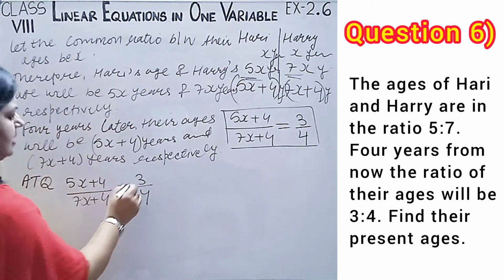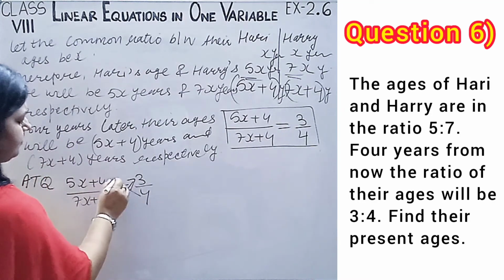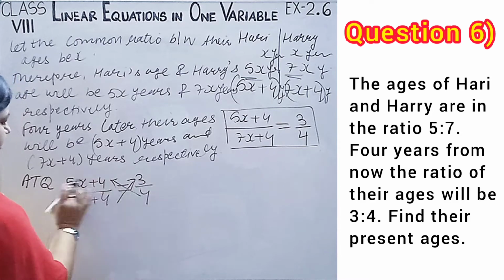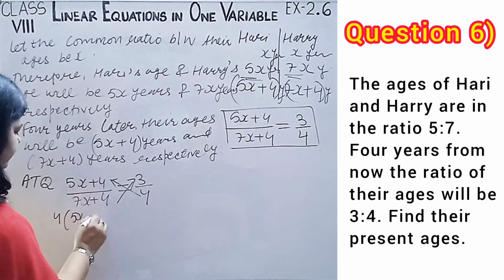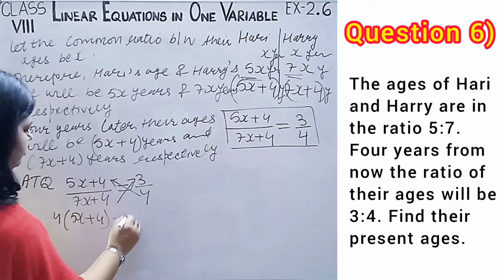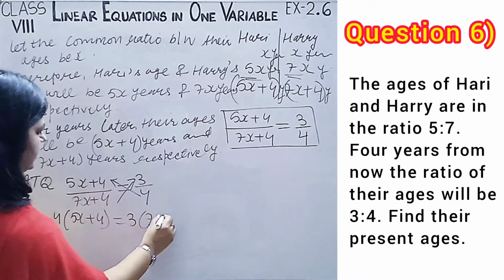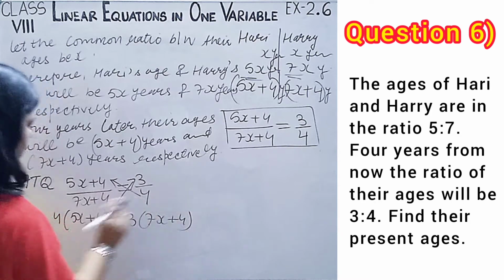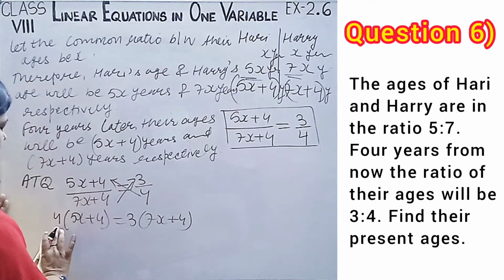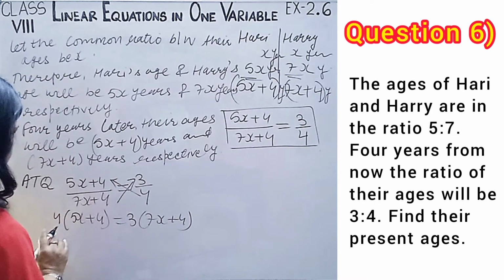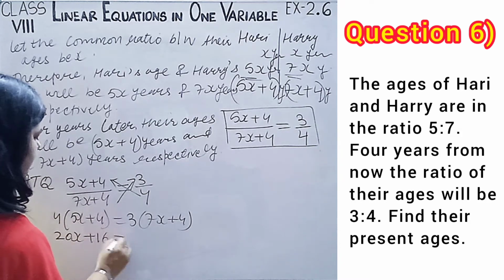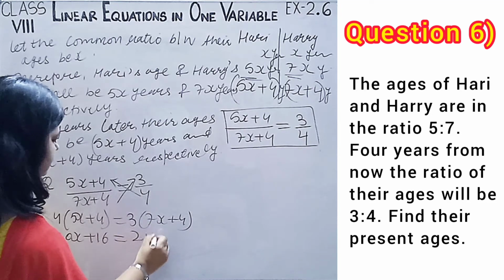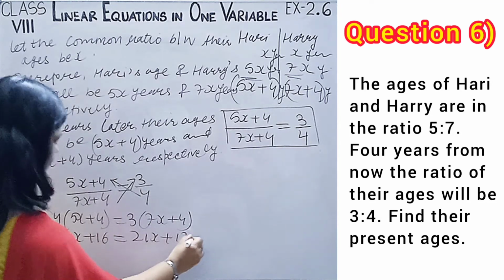The first step, we have to cross multiply here. So 4 will be multiplied with 5x plus 4, and 3 with 7x plus 4. 4 multiply 5x, 5 4s are 20, so 20x plus 16 is equal to 3 7s are 21x plus 3 4s are 12.